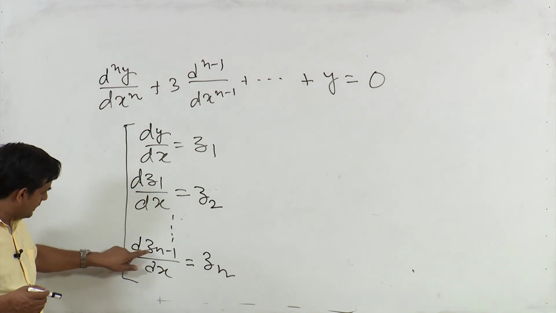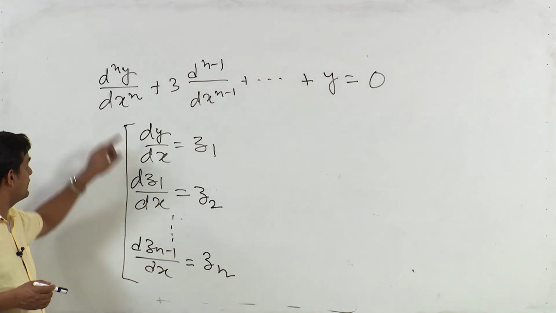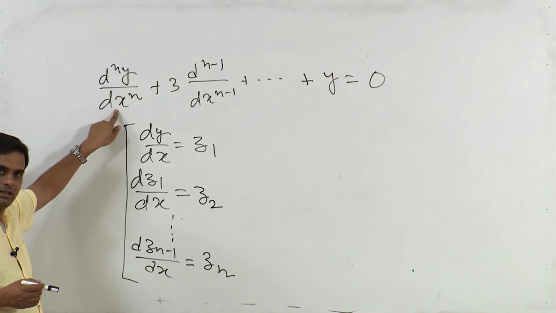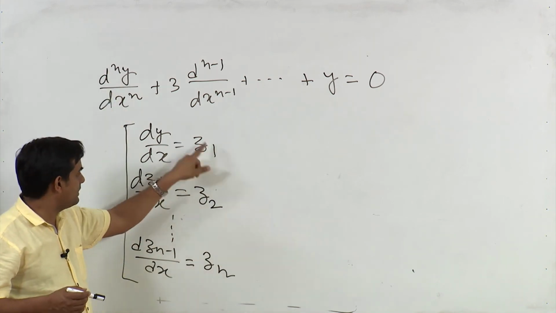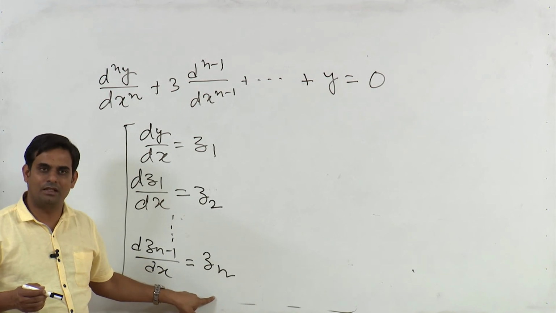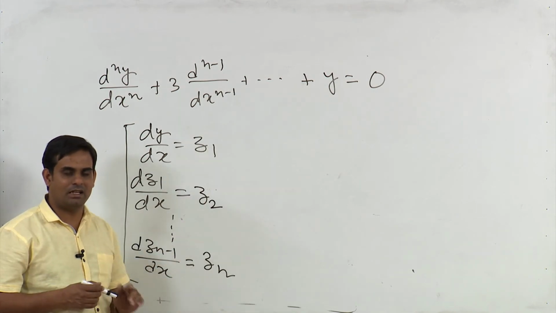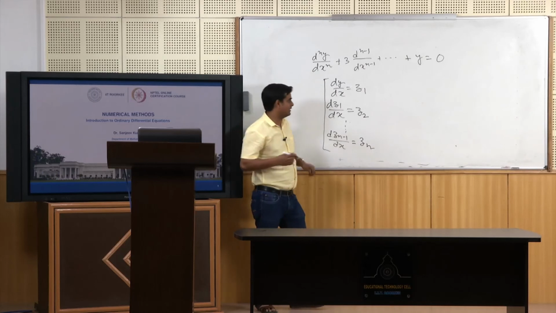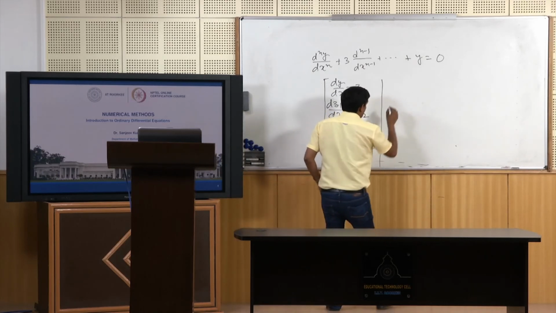And this dz(n minus 1) over dx is nothing but d^n y over dx^n, which I can write in terms of y, z1, z2, up to z(n minus 1), and hence I will have a system of first order ODEs.